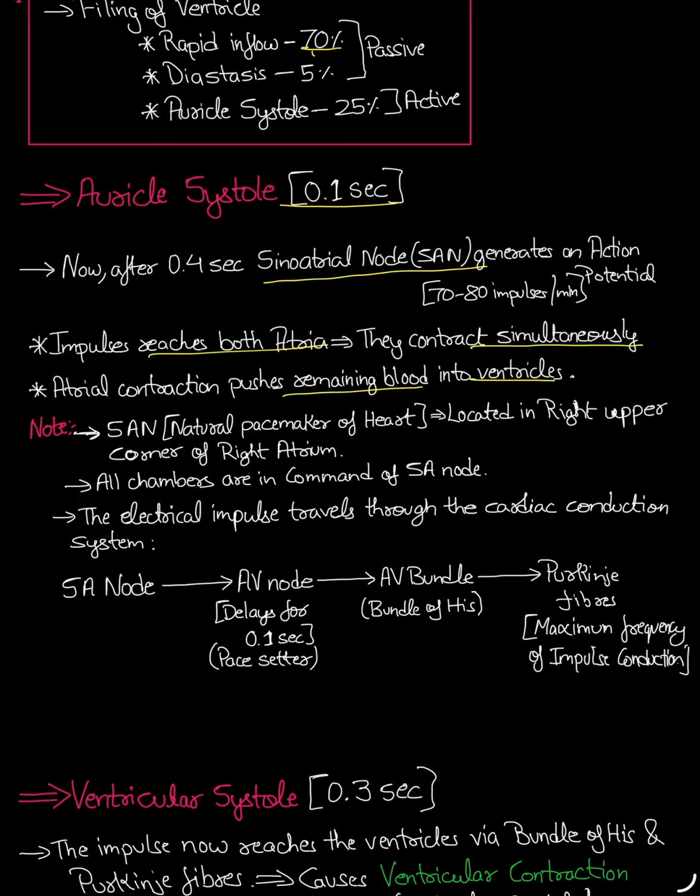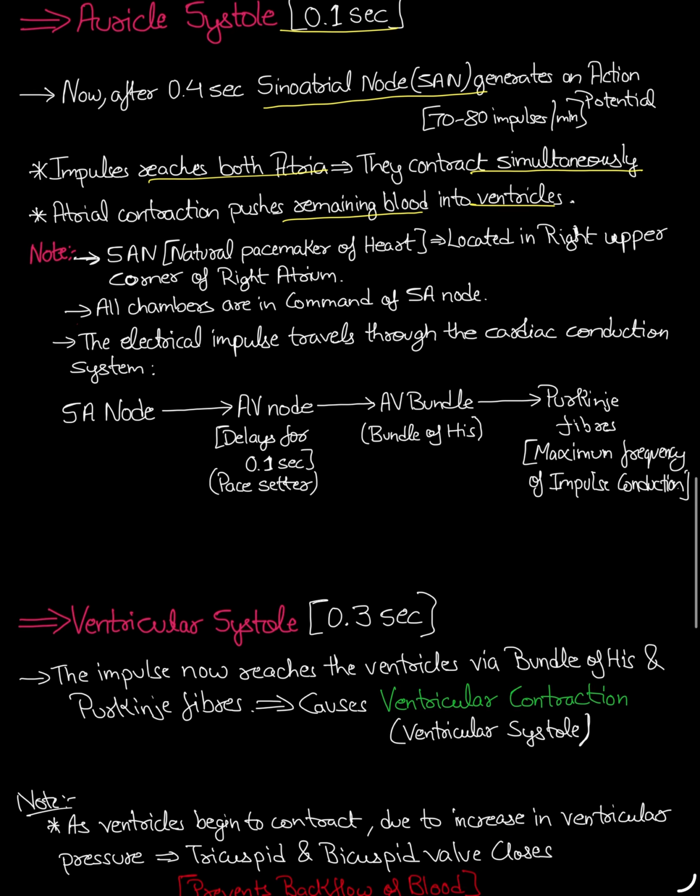Okay, this much understood? So this sinoatrial node or SA node is the natural pacemaker of the heart, because it is responsible for the main beating of the heartbeat. Where it is located, you have to remember. It is very important.